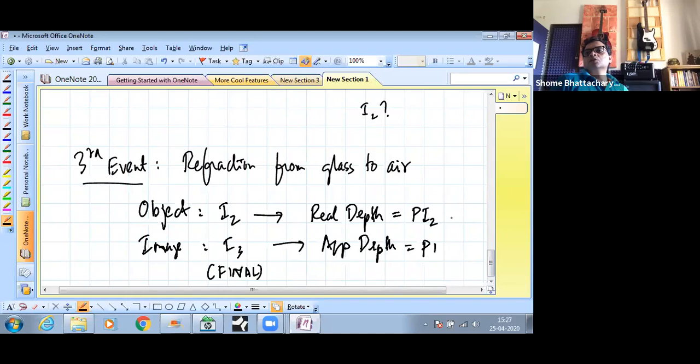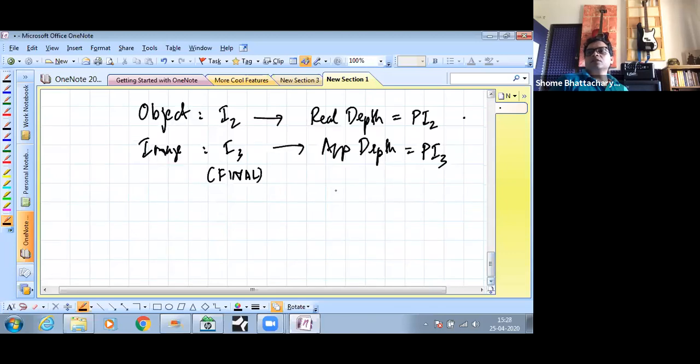Is PI. So again, I'll have to solve using the real depth apparent depth formula for refraction from glass to air, given the refractive indices. And from this, I'll calculate the position of I3, and that is the final image. What the question is now asking is the position of the final image with respect to the object, that is the distance from O to I3. I have to calculate that.